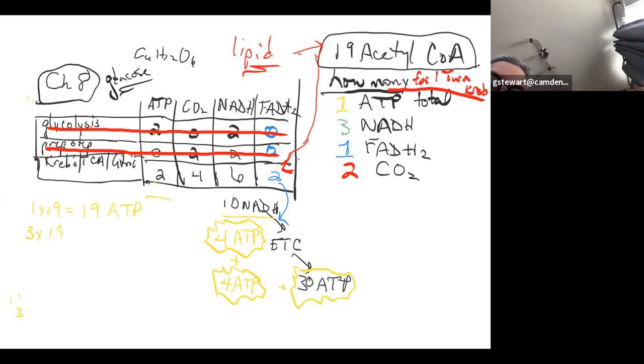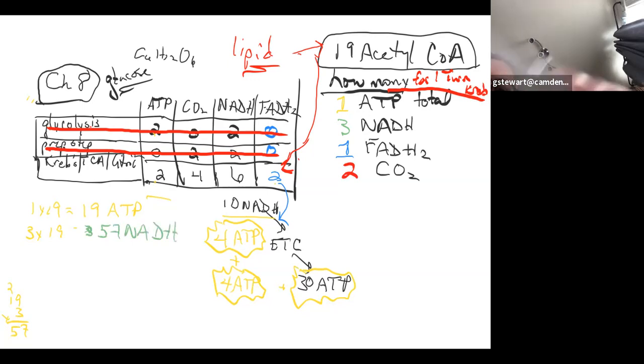Dr. Stewart is not a mathematician. 9 times 3 is 27, carry the 2. 3 times 1 is 3 plus 2, so that's 57 NADH. Let's make it the right color to help you. Keep it green. 57 NADH.